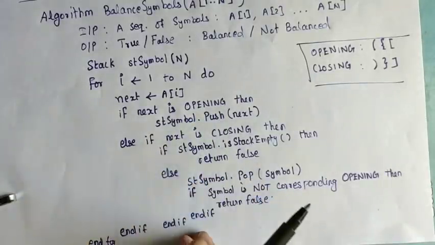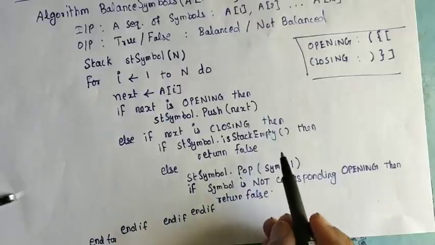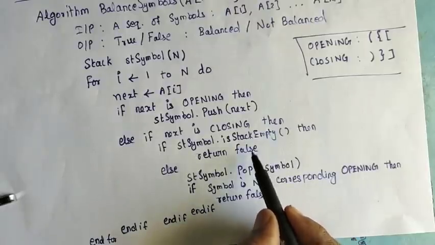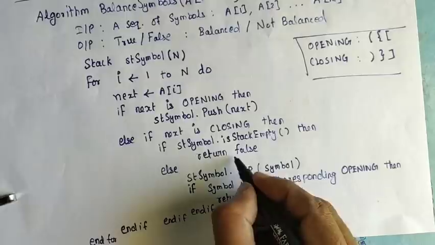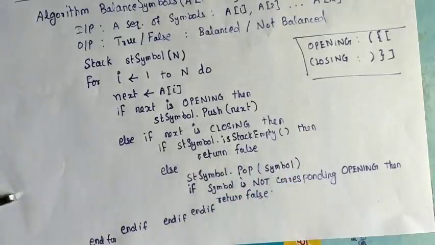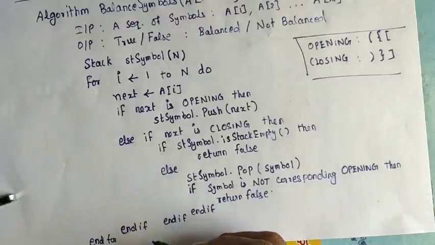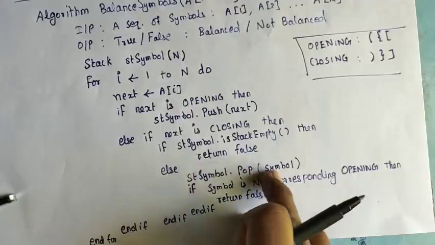If it is a closing symbol, just check whether the stack is empty. If the stack is empty, we need to return false, meaning the symbols are not balanced. Otherwise, if the stack is not empty and contains some symbols, I have to check whether the recently inserted one is the corresponding symbol. So we are popping one element from the stack.